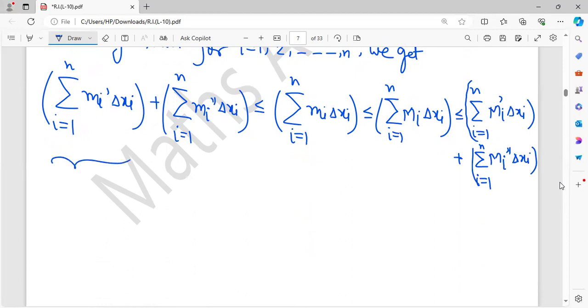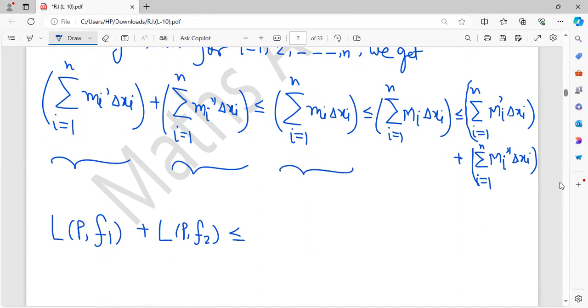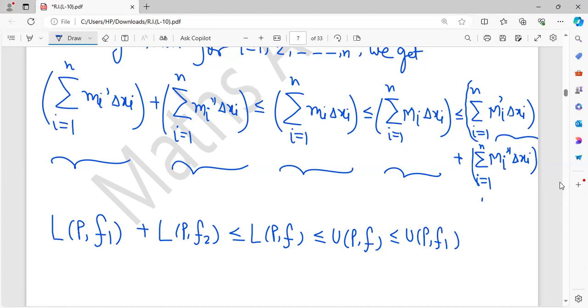This is LPF1, plus LPF2, that is LPF, and UPF1, and UPF2, that is UPF. Okay.